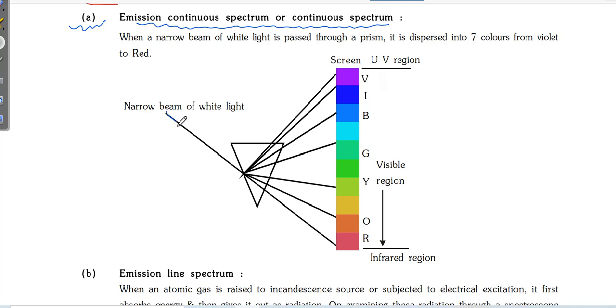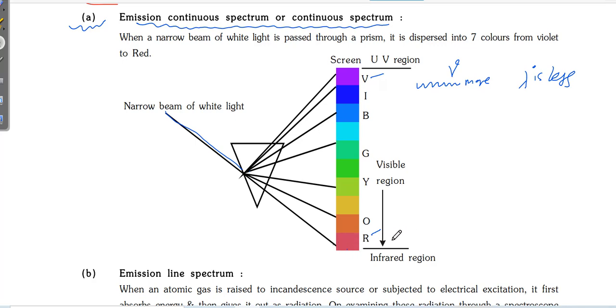A narrow beam of white light passing through the prism gives a continuous spectrum of Vibgyor colors, with violet color and red color at the ends. Violet color has more frequency and less wavelength. So the higher frequency is scattered more, and the red, with less frequency, is scattered less.